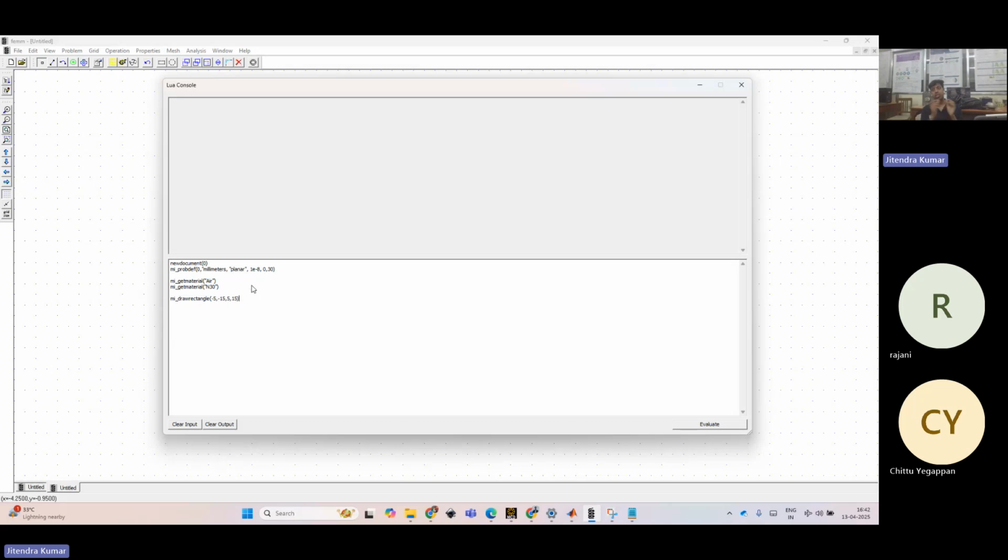From the negative edge to the positive edge, right? -5 is the lower side in x and 5 is the upper side. This corresponds to x1, and this corresponds to x2, so the width is 10 mm. Now how much is the length? y1 is -15 and y2 is 15, so the overall length is 30 mm. So this will draw a rectangle. Let's see it in parallel also, right?